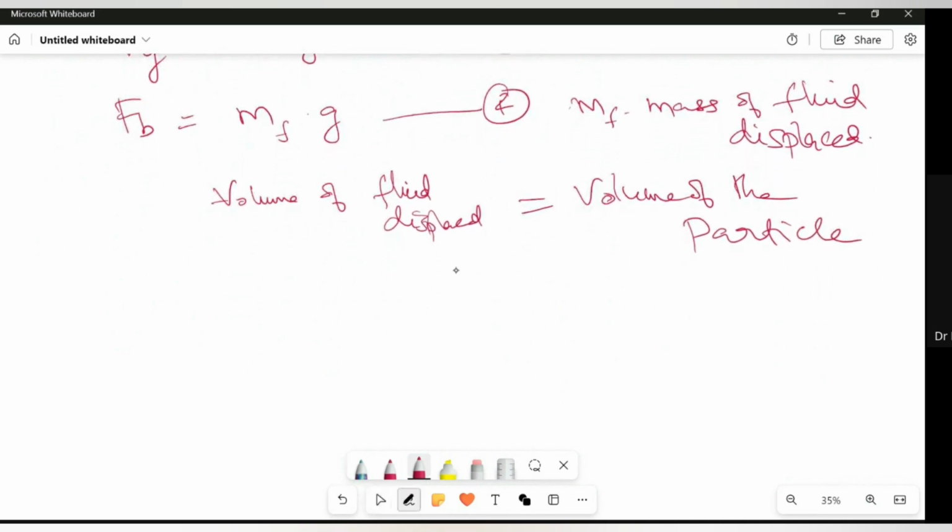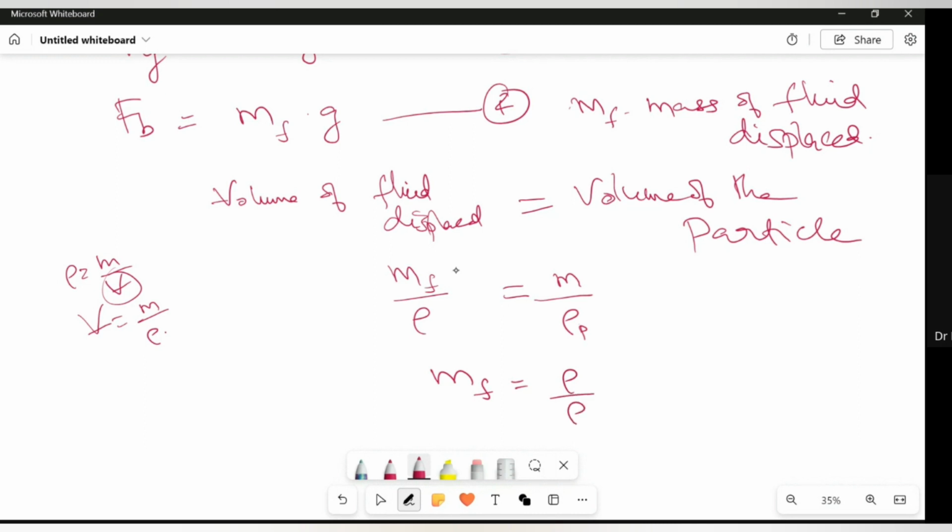We know density is equal to mass per unit volume, so we can express volume equal to mass by density. So here you can write the mass of the fluid divided by the density of the fluid is equal to the mass of the particle divided by the density of the particle. Or we can say that mf equals rho by rho p into m. Let it be equation number 5.